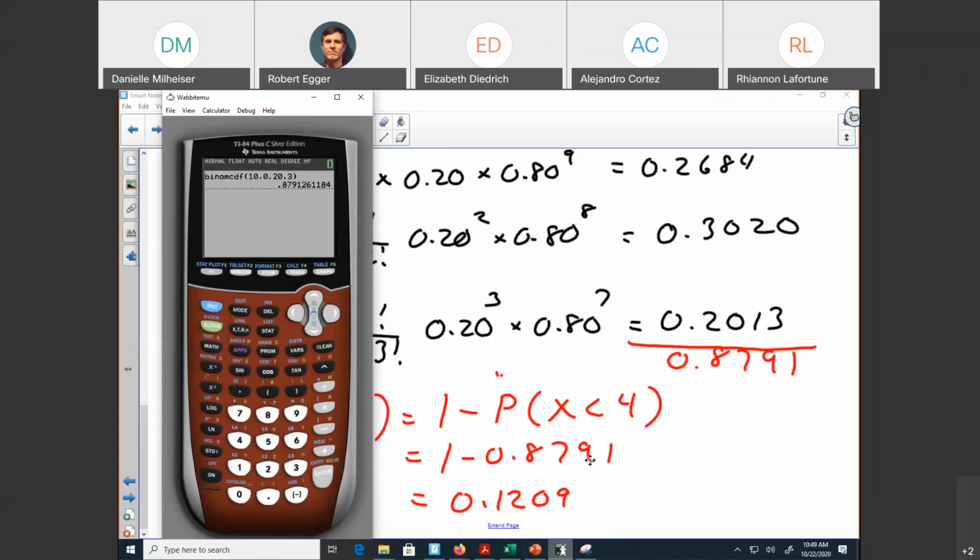That gives 0.8791. And of course, 1 minus that will give us probability of 4 and greater, 0.1209. So again, on the second distribution, we can do a single specific probability of occurrence, a value for x, 0, 1, 2, 3, up to n. We can do a cumulative one that includes 0, 1, 2, 3 to x.